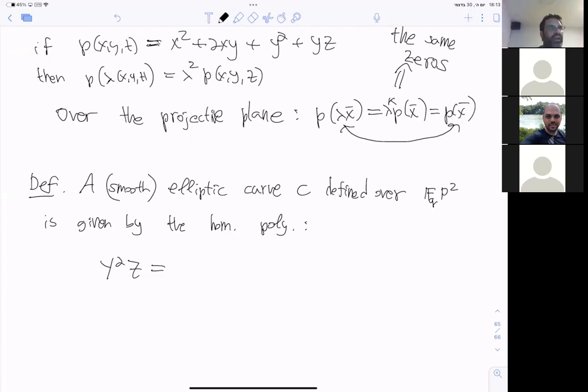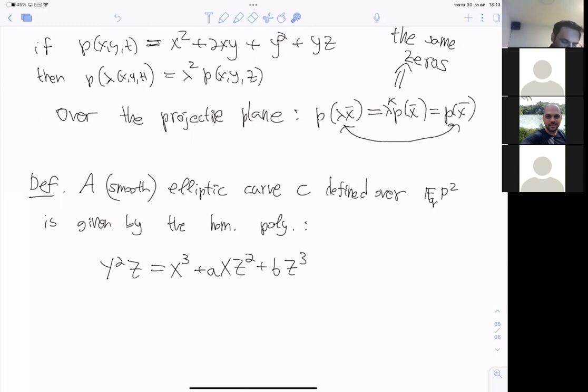So Y squared Z is equal to X to the power of 3 plus little a X Z squared plus b Z cubed.